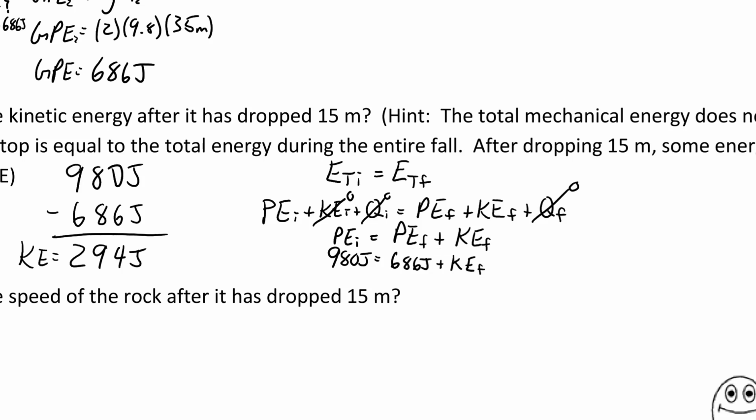And now, as you can see, you have to subtract 686 from both sides. Hey, that's what we just did in our heads over here, because we knew that the difference in the potential energies is going to be whatever our kinetic energy is. So now we have that is 294 joules.